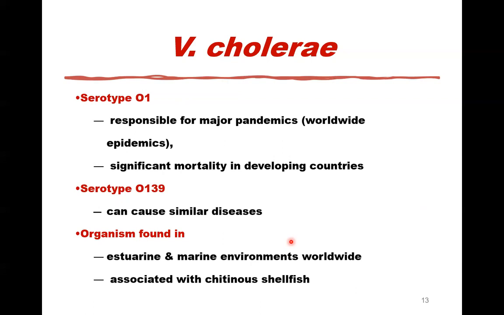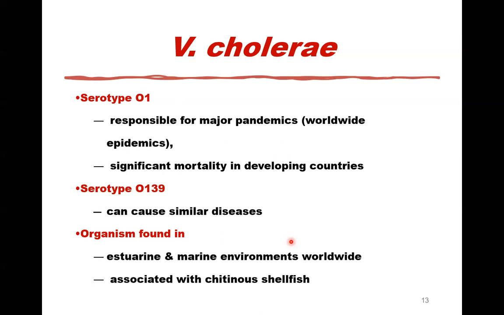So the serotypes that are very important to note are serotype 01, which is usually implicated in major pandemic. And it's associated with significant mortality in developing countries. Then you have serotype 0139, which can cause a disease similar to serotype 01. So this can also result in a pandemic if care is not taken.